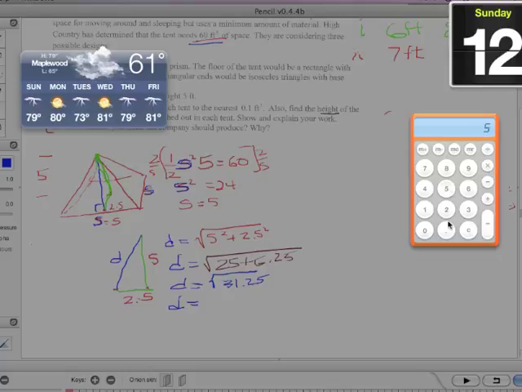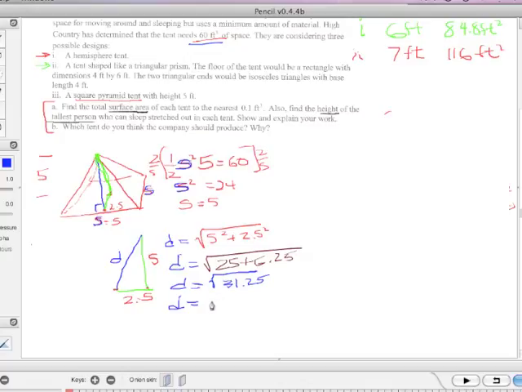Right, it's going to be some number between 5 and 6, because 31.25 is between 25 and 36. I just put in the wrong numbers. 5.5 times 5.5. Yeah, it's about 5.5.